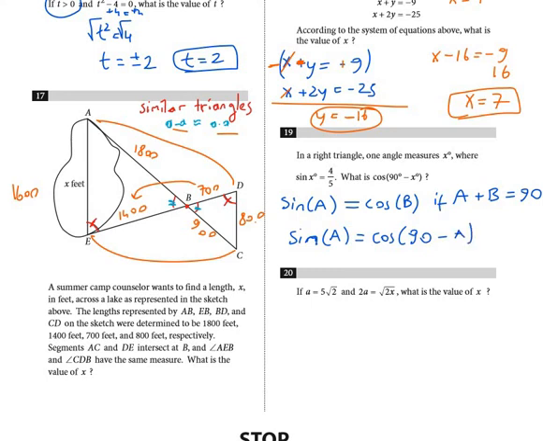So sine of x is 4/5, and cosine of 90 minus x is equal to sine of x, which is given here, 4/5.